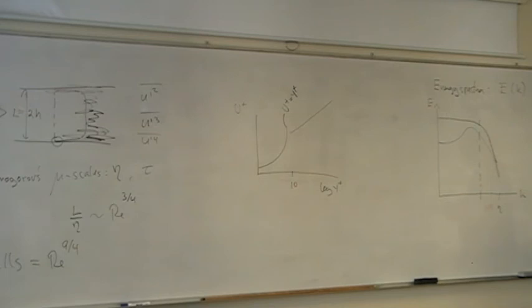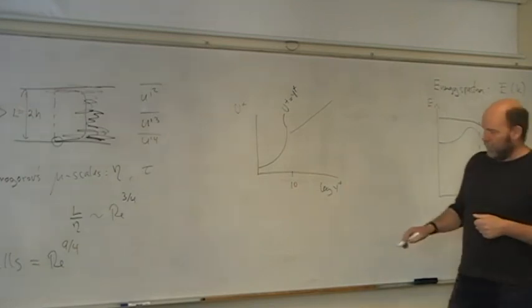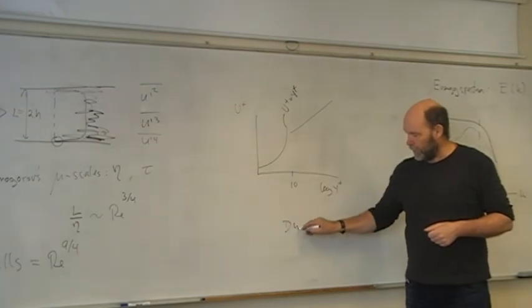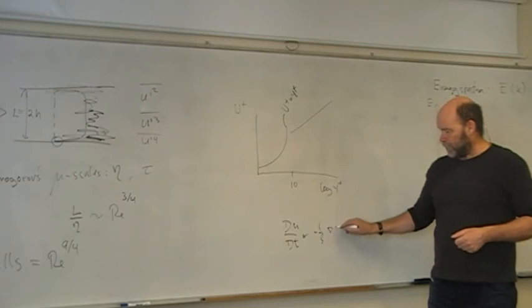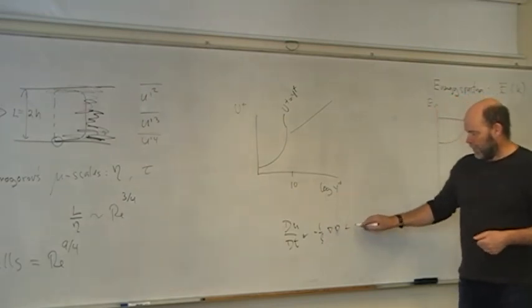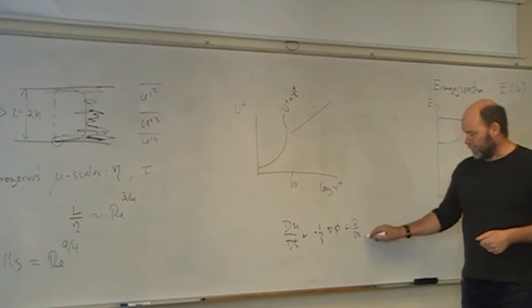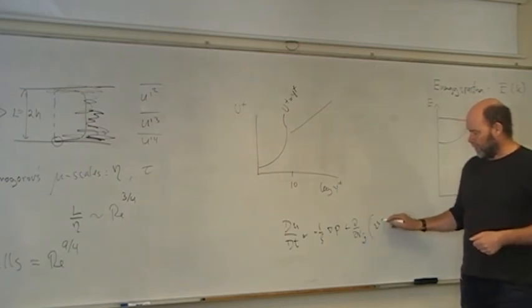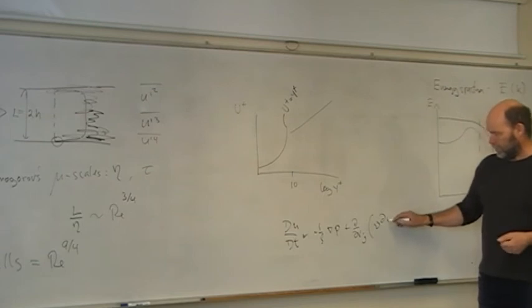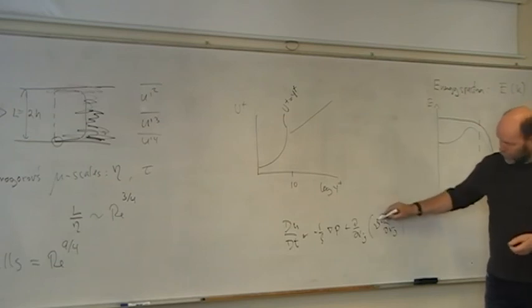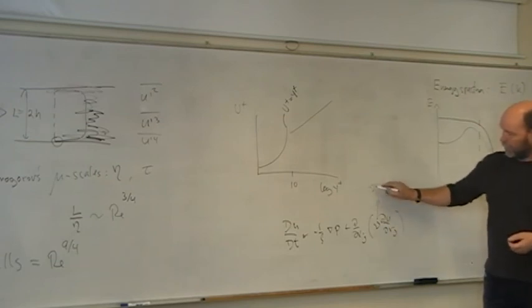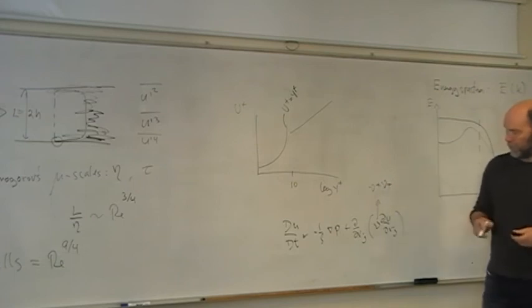So you might say what you do then in the DNS, when you have your equation of motion, you have pressure, you have, how do you write it? I write it like this, d/dxj of viscosity, du/dxj, something like that. Just one component. So what you do, you say this one now reads like this.